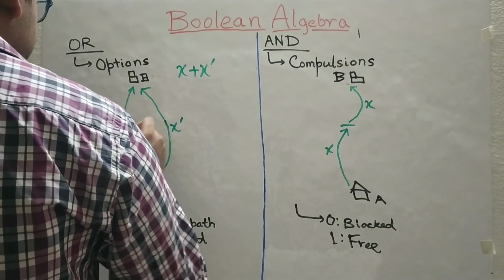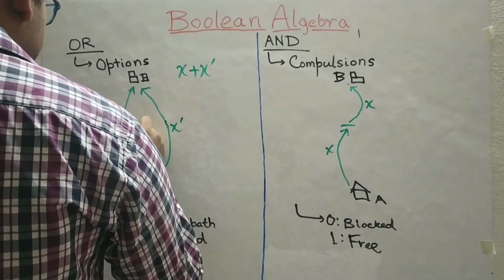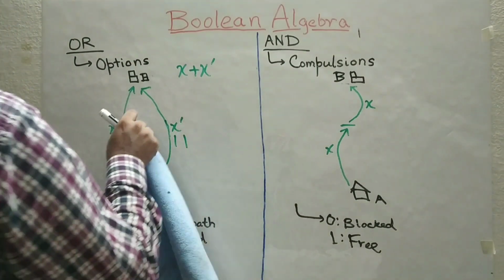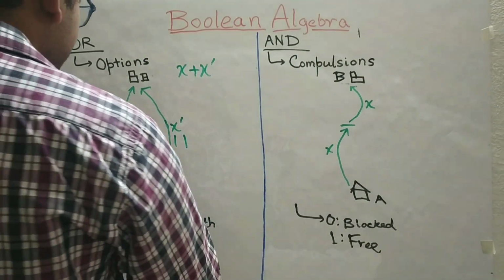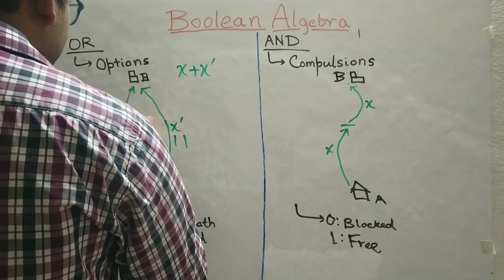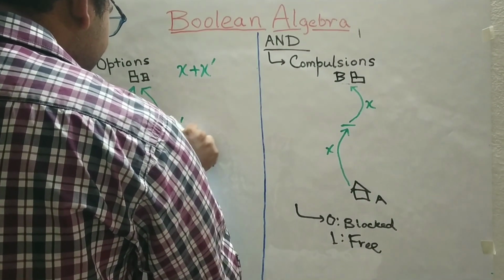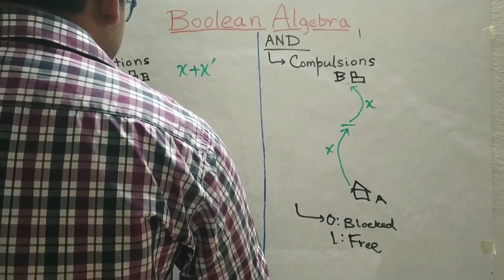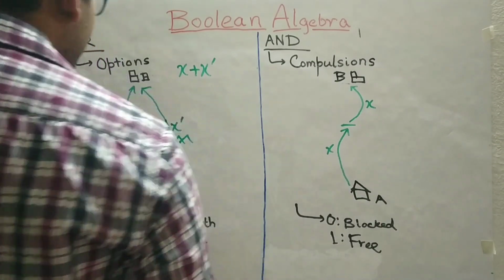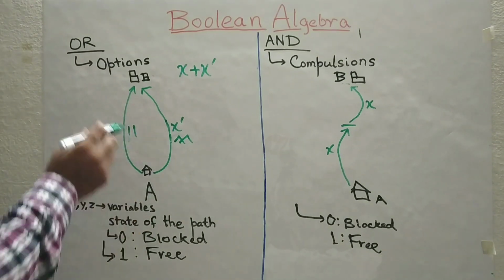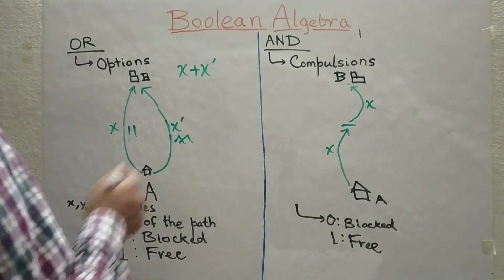So if x means blocked, then x naught means free. And if x means free, then x naught means blocked. Right? So you can see if x is free, x naught is blocked. If x is blocked, then x naught is free.